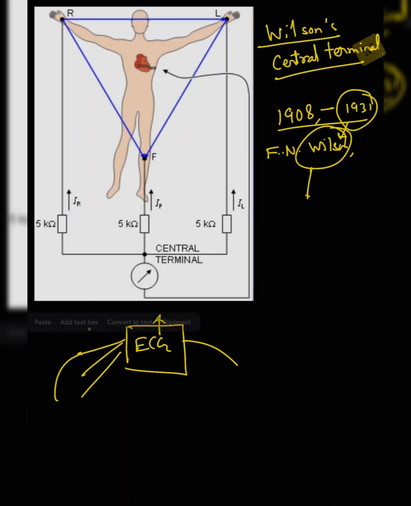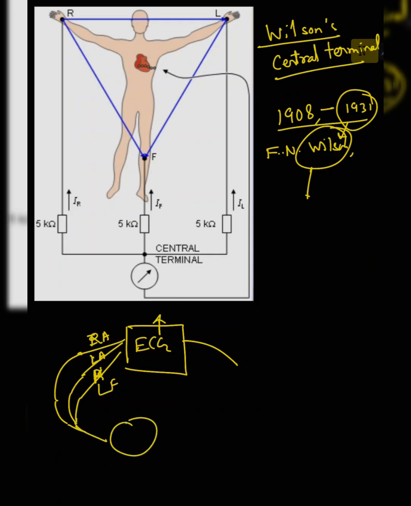Okay, if supposing this is lead one, right arm, left arm, then left leg, right foot, left foot. So he connected all these terminals via a central device having 5000 ohm of resistance, and it passed to the machine again.